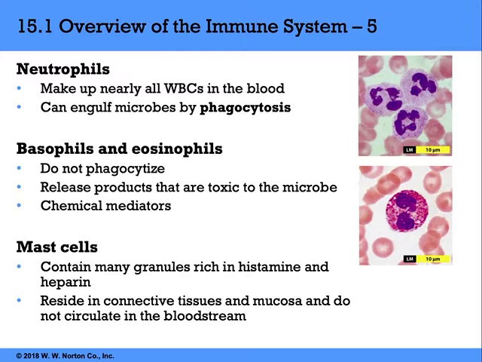Okay, neutrophils tend to kick up when you have a bacterial infection, and basophils tend to kick up when you have inflammation. Okay, mast cells contain granules that have histamine and heparin. So mast cells are sort of like fixed basophils. They're kind of locked into the tissue they're found in. And their job is basically the same as the basophil, right?